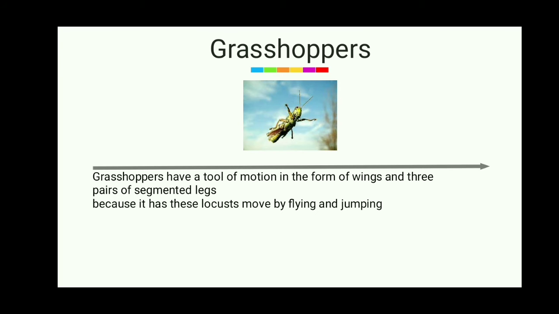Grasshoppers have a tool of motion in the form of wings and 3 pairs of segmented legs. Because of this, locusts move by flying and jumping.